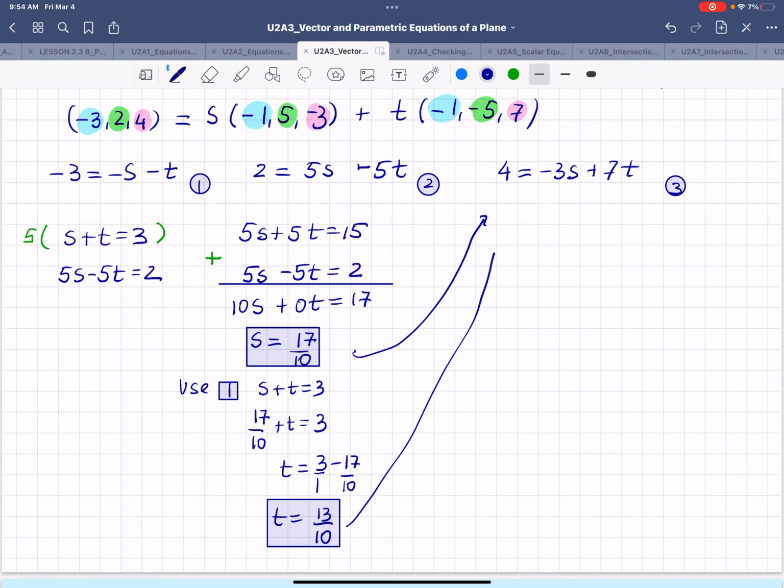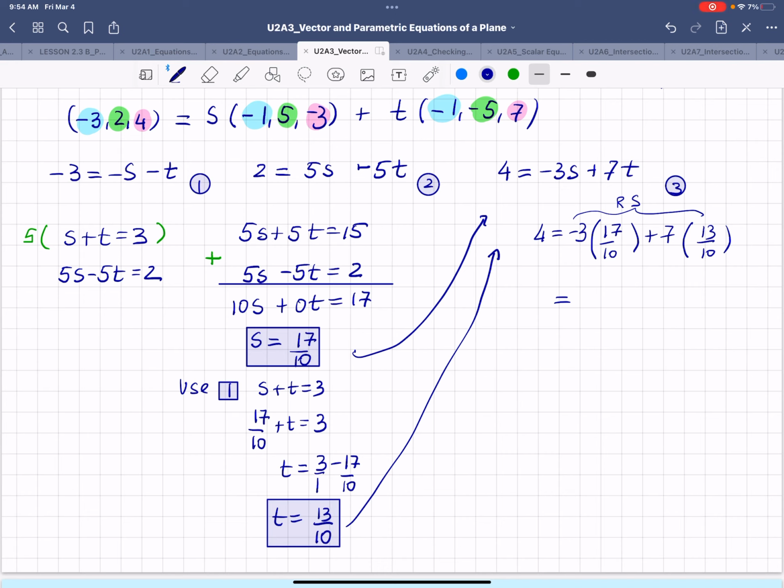visit the third equation to check and see if they would satisfy equation 3, where we have 4 equals negative 3 times the S value, 17 over 10, plus 7 times the T value, 13 over 10. So we are going to simplify the right side and check if it equals 4.